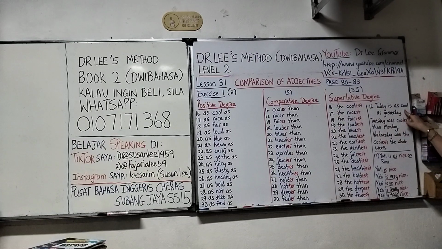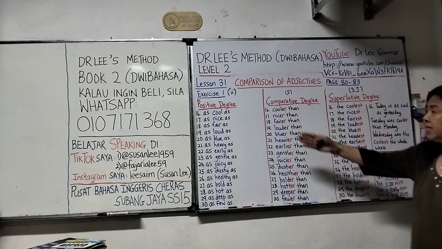So you use the original adjective. But then Tuesday was cooler than Monday. Now you are comparing. You use than and then er. Wednesday was the coolest of the whole week. 1 week has 7 days, so it's more than 3. Therefore, you need to put the in front of the adjective, and to the adjective itself, you put est.